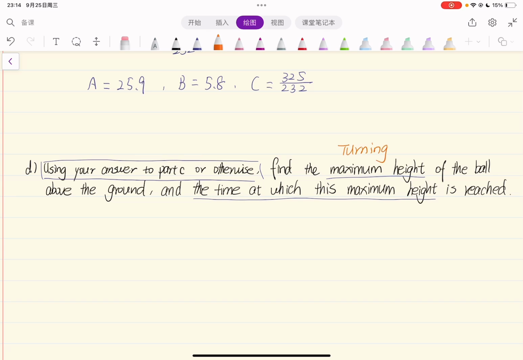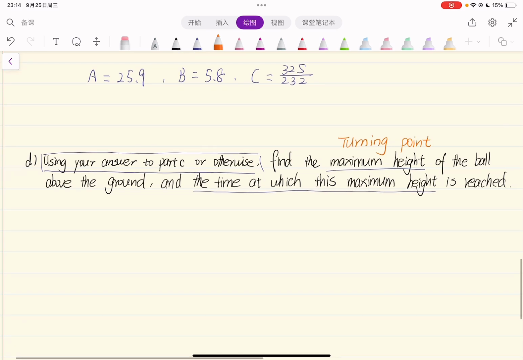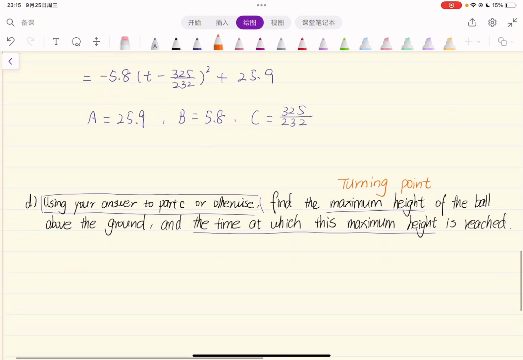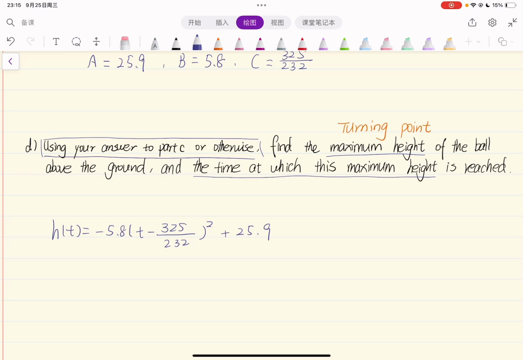When you see the maximum or minimum of a quadratic curve, it always asks about the turning point.